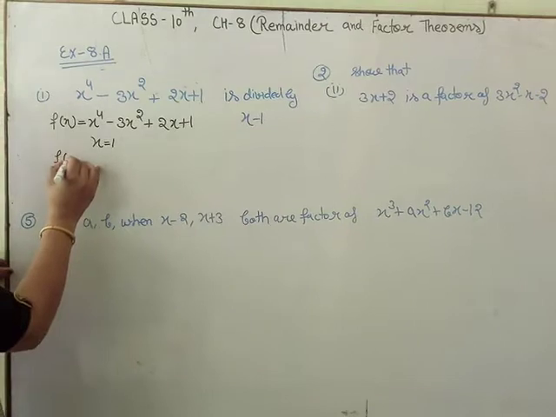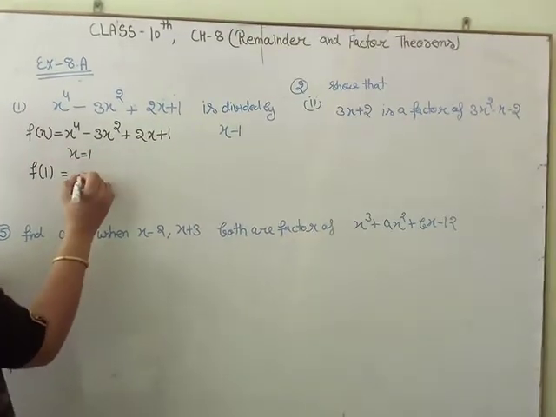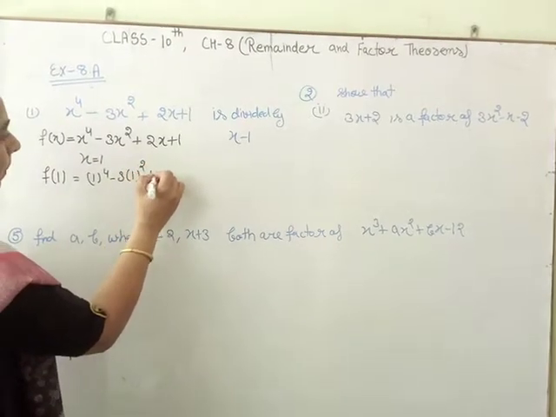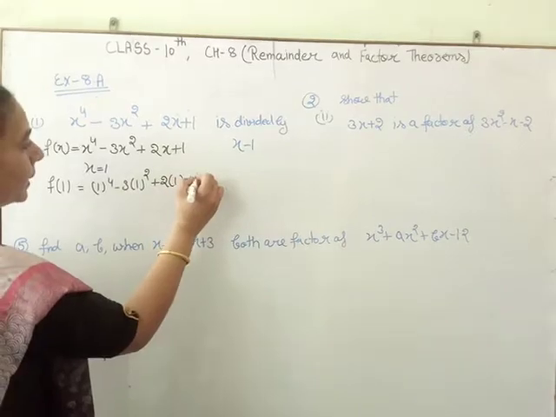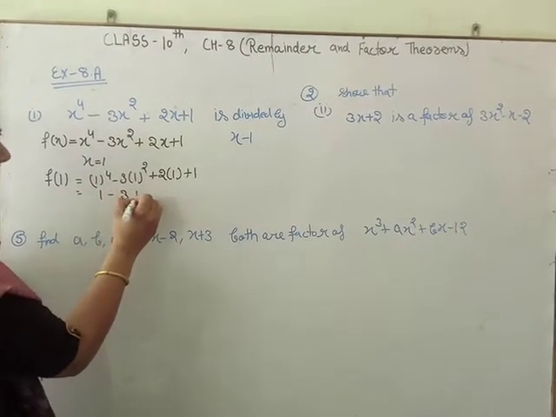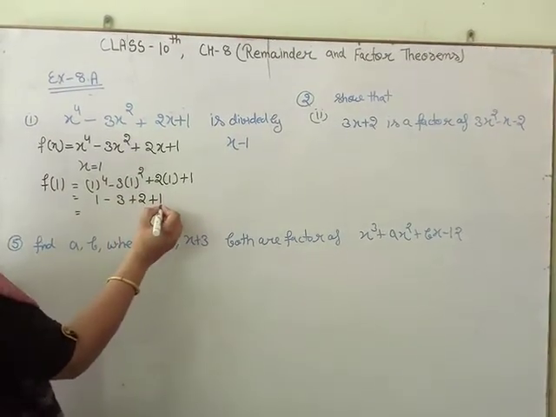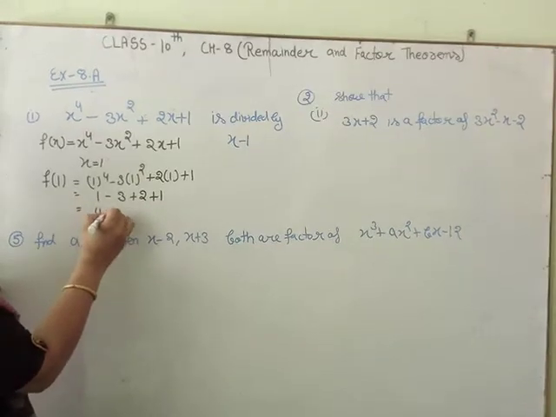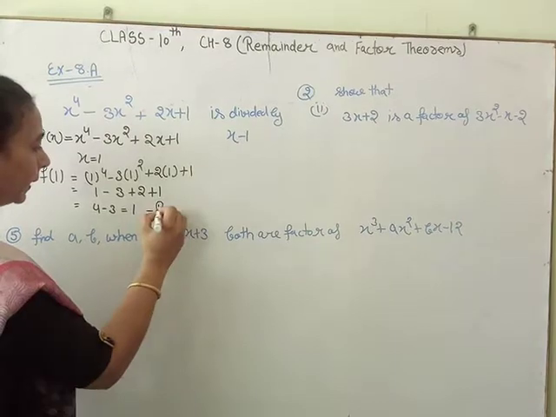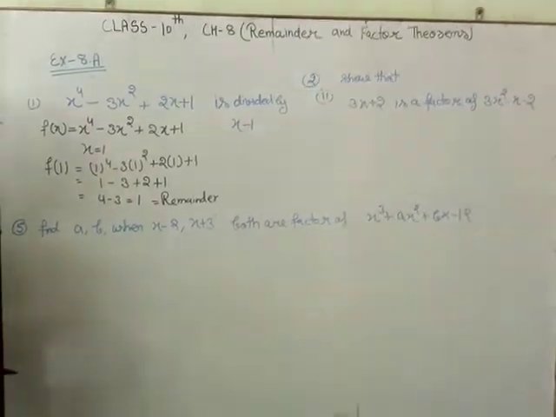Then f of 1, in place of x we write 1, equal to 1 raised to the power 4 minus 3 into 1 square plus 2 into 1 plus 1. 1 minus 3 plus 2 plus 1, then 2 plus 1 is 3 and 1 is 4. 4 minus 3 equal to 1. Then student, this is the remainder. Okay.